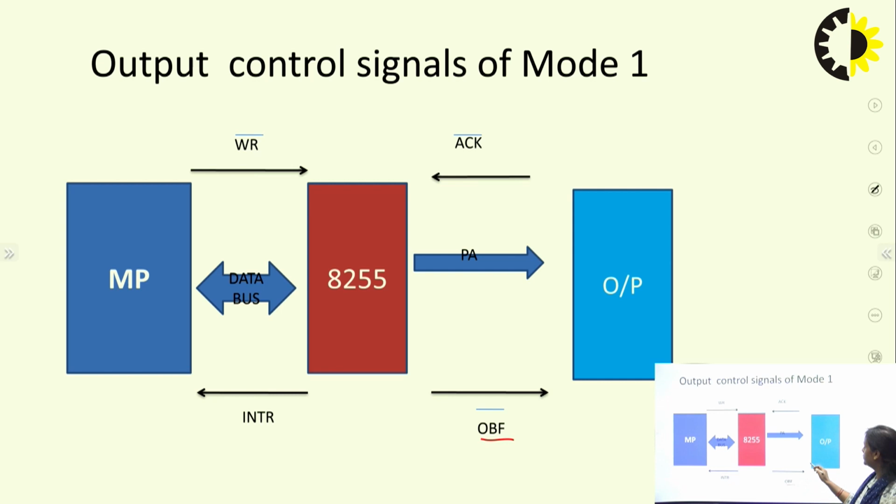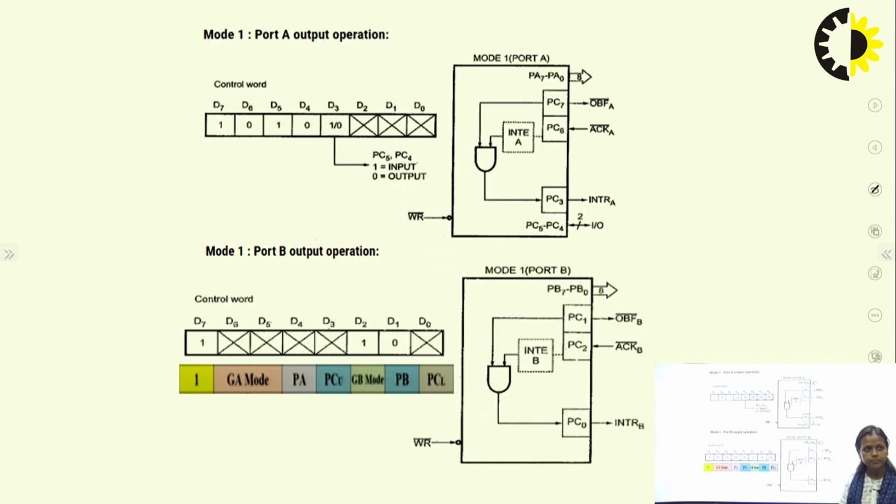It means it is giving data to the output device. When the output device receives the data, it will acknowledge it. When the output device takes the data, the 8255 will again generate the interrupt signal, telling that the output device is now ready to accept the next byte. Then the microprocessor will write the data into the 8255.